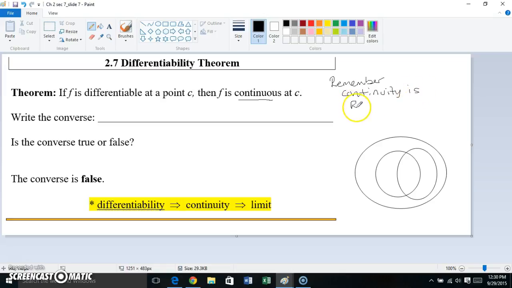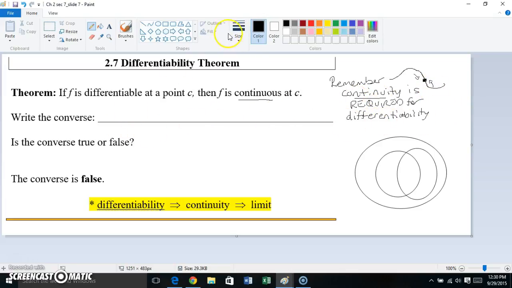Continuity is required for differentiability. That's why we did continuity first. Okay, so you have to have a smooth curve, where the limit on the left and the limit on the right are equal, and the function value is also the same as the limit value. You must have continuity for differentiability.